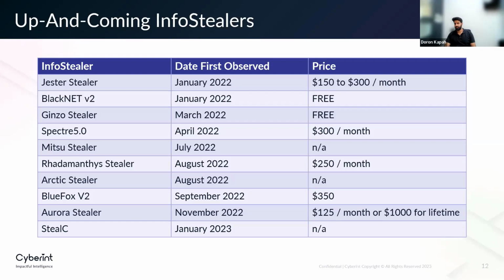So there are multiple vectors that might get InfoStealers onto one's computer. They are very, very agile in their ways of delivering the InfoStealer, and those are the main vectors that I'm currently aware of. Excellent, thank you.